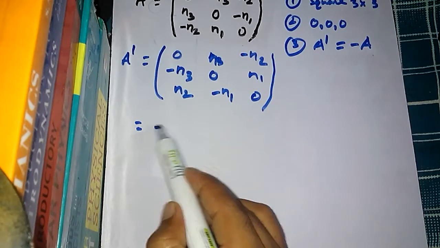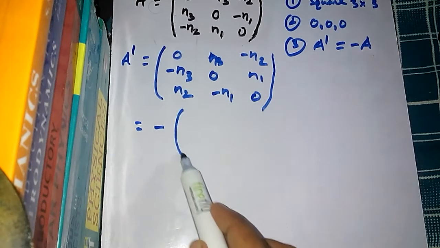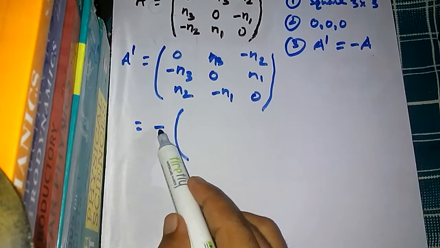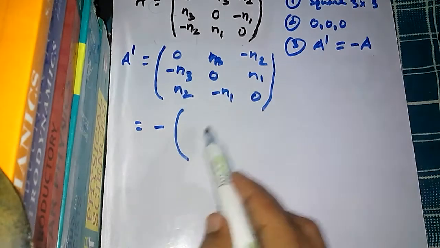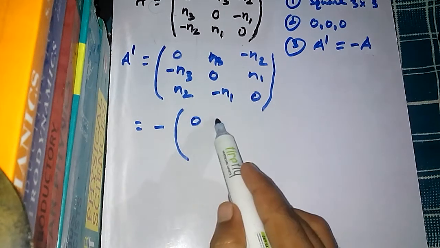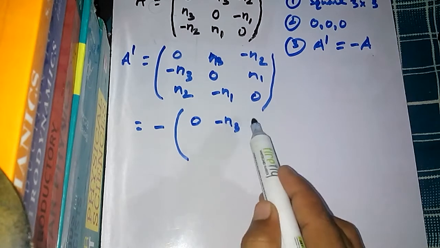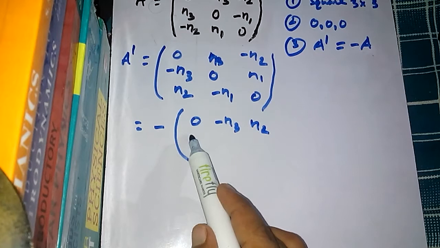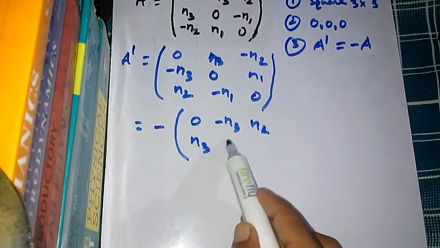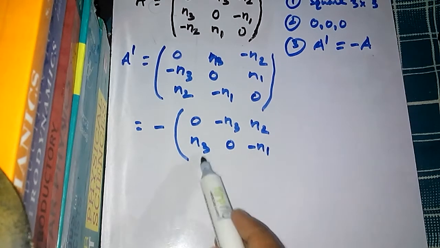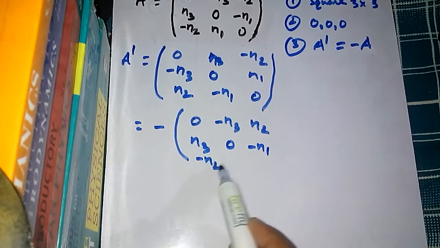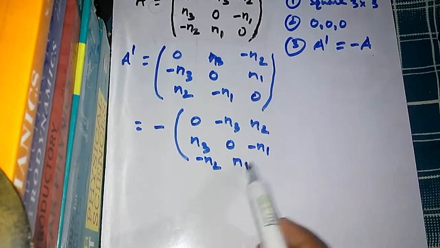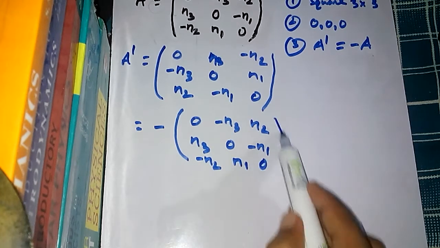If we take a minus sign out as common from all the elements, then we have 0, minus n3, plus n2, plus n3, 0, minus n1, minus n2, plus n1 and 0.